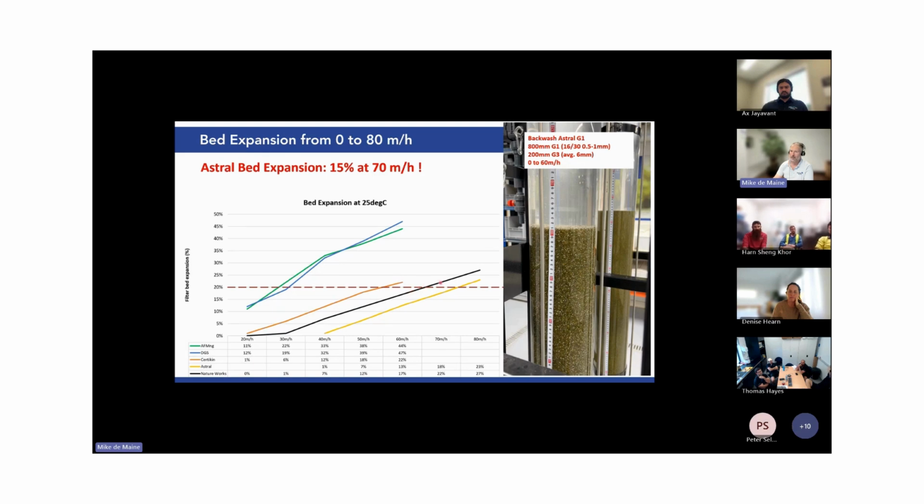And the NatureWorks glass media only achieves 20% bed expansion at around 68 meters per hour. And then the Astral is the worst of the lot, at around 75 meters per hour needed to get 20% bed expansion.